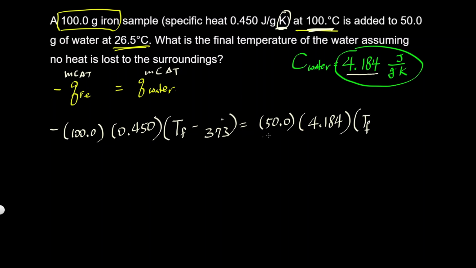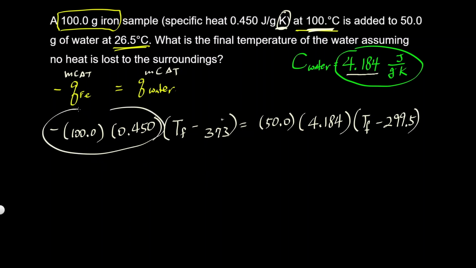This T final will be the same, minus the initial temperature. So you add 273 to that. So 273 plus 26.5 will be 299.5. So 299.5 in kelvins.